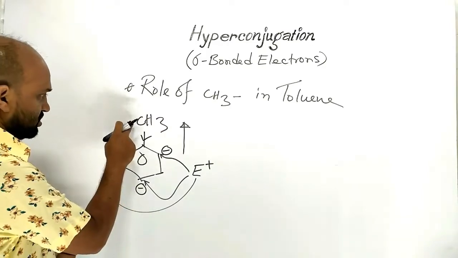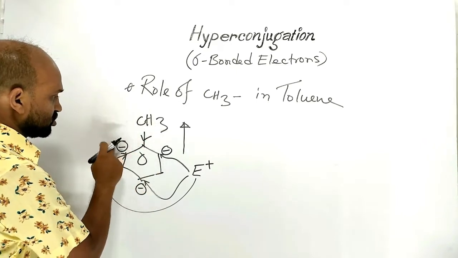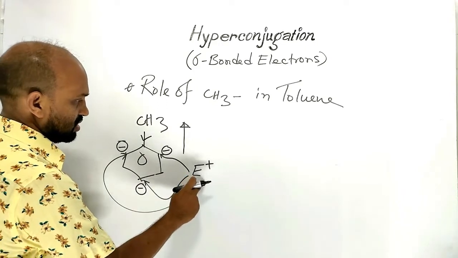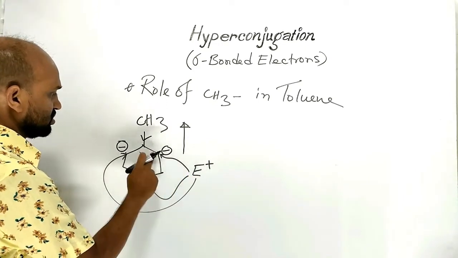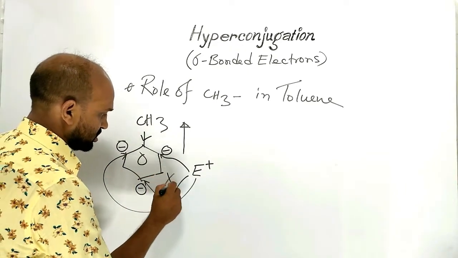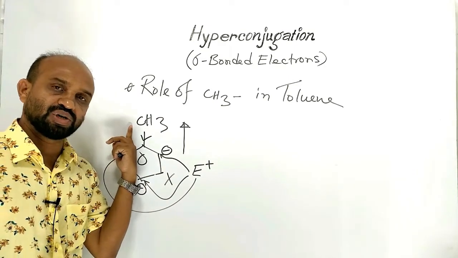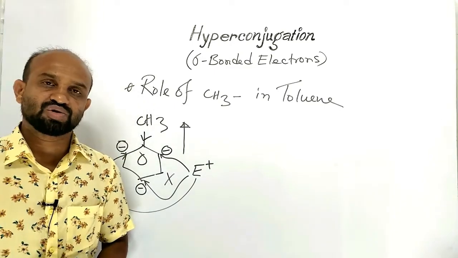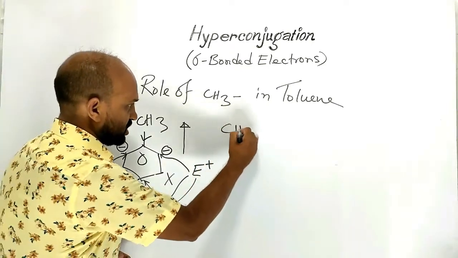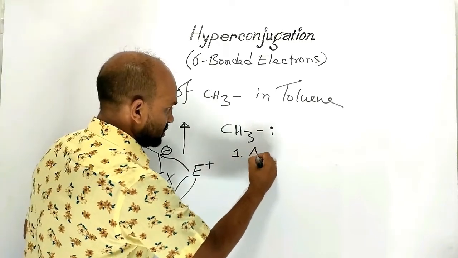Again, this methyl group increases electron density at the ortho positions and para position. As a result, the electrophile attacks easily the ortho positions and para position, not the meta position. So we can say that the methyl group in toluene is an ortho-para directing group towards electrophiles. So the methyl group: number 1, benzene ring activating group.